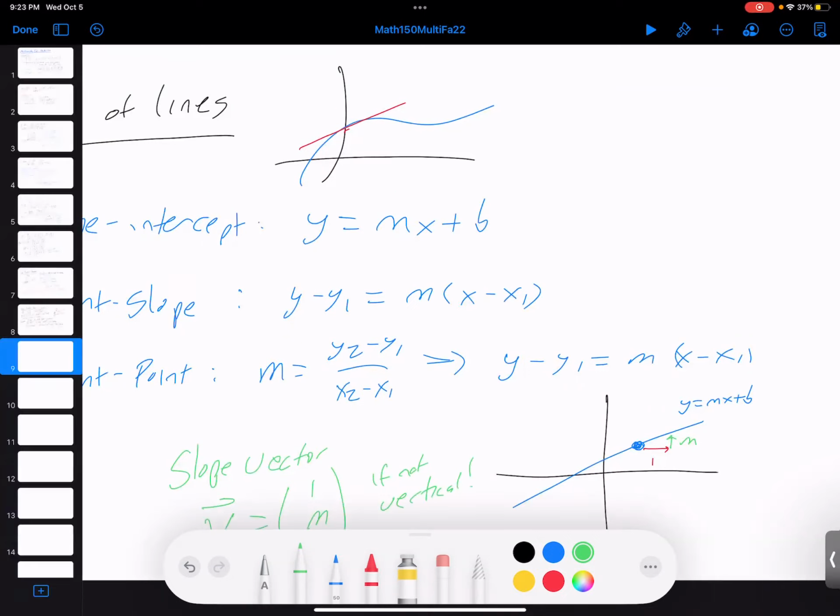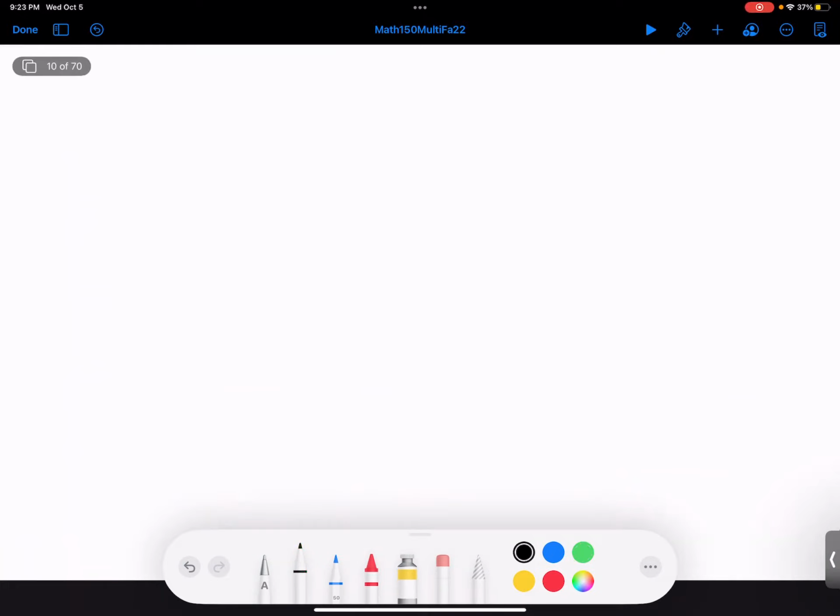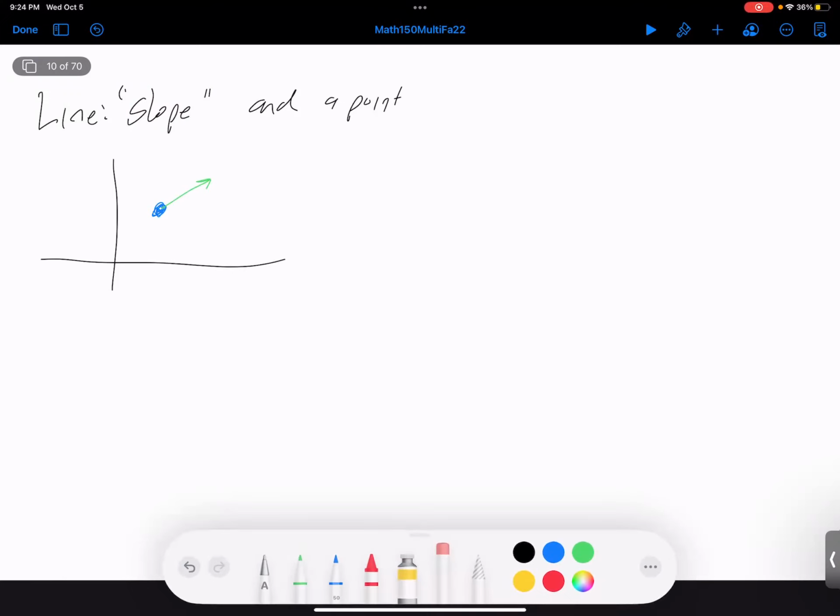So this leads to multivariable calculus and lines in higher dimensions. A line has a slope and a point. So imagine I give you some point and I give you a direction. Then the line is just flowing through that point in that direction.